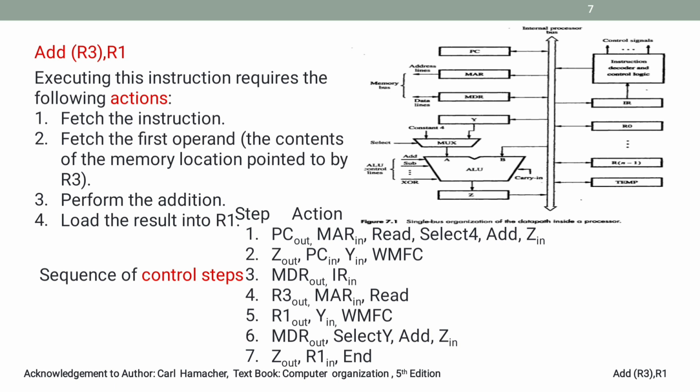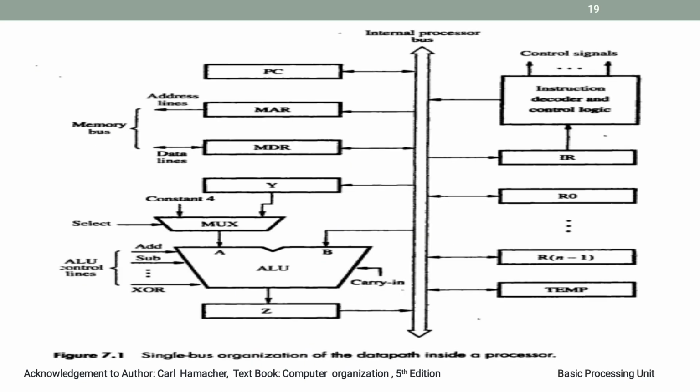Next, we take the processor model, meaning the single bus architecture for the data path. That is the processor model, which explains what parts are there in the processor, how they are connected and how they are to be operated. Taking that, we shall discuss how this instruction, with these 4 actions and 7 control steps, will be executed. This is the diagram showing the processor model.